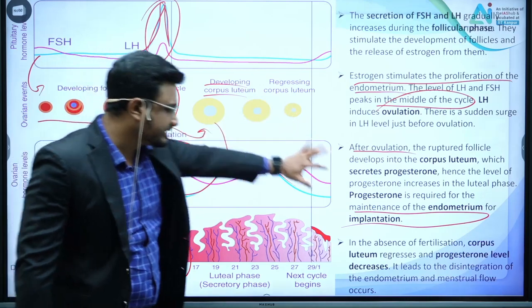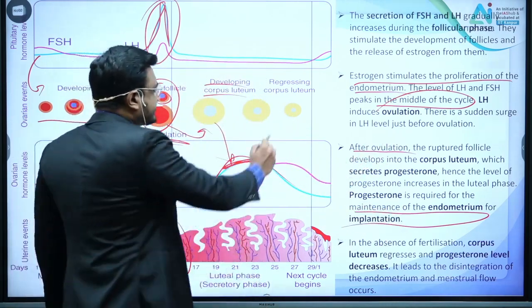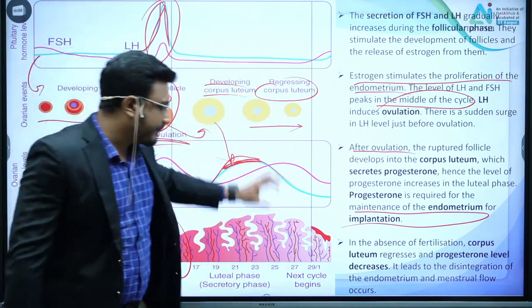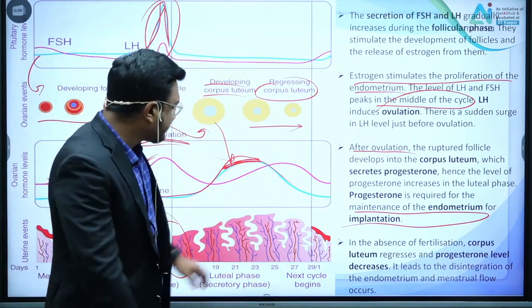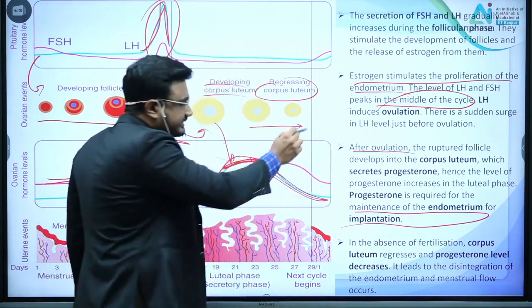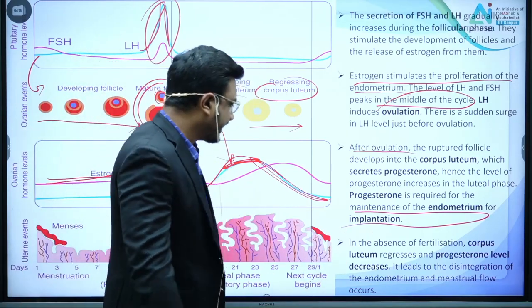In the absence of fertilization, the corpus luteum starts regressing, and the progesterone level also decreases as it regresses. This leads to the disintegration of the endometrium.